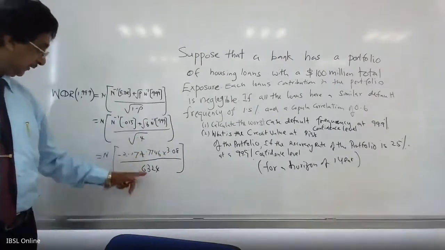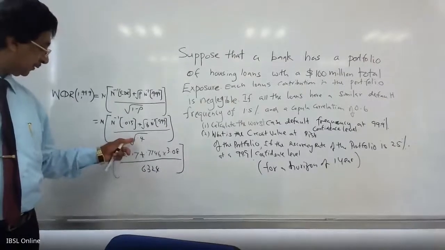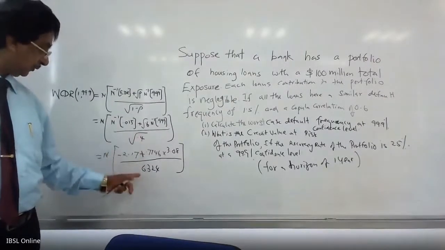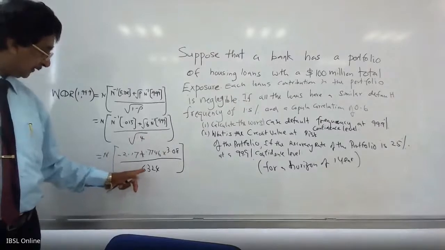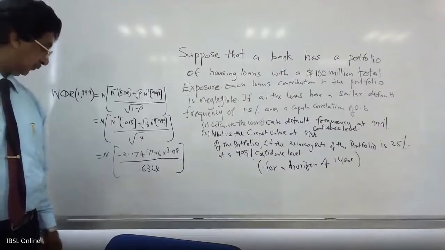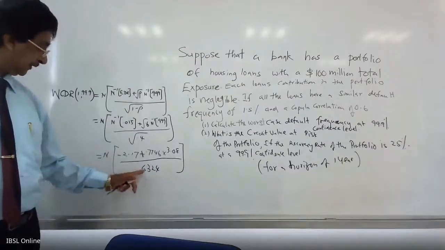And in the denominator, you have the square root of 0.4, which comes to 0.6324.